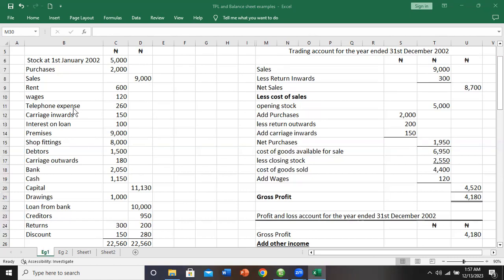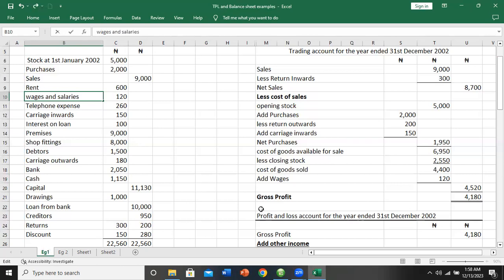Wages. Yes, wages is an expense, but remember that we have used it in the trading account because it's a direct trading expense. So it can no longer go to the profit and loss account. So take note of that. And if you remember, I told you that wages will only go to the profit and loss account if you see wages and salaries.